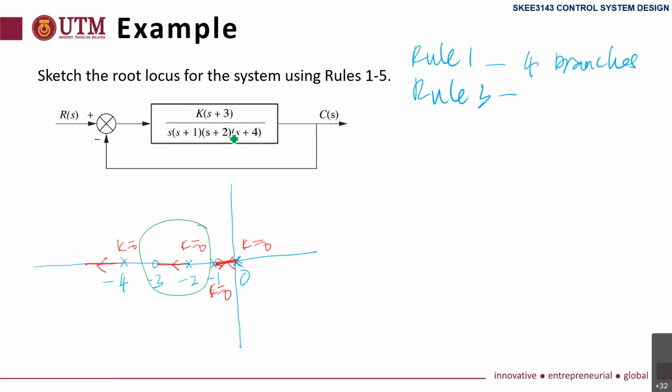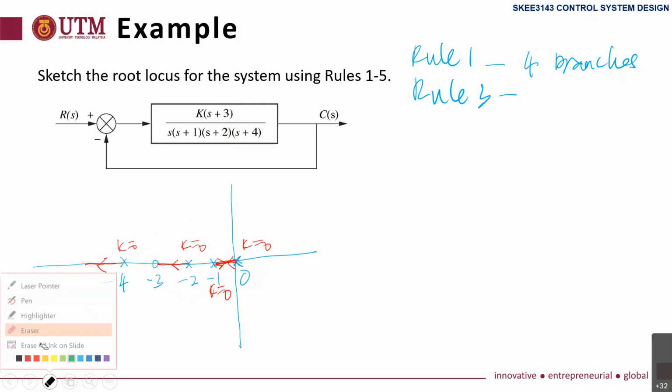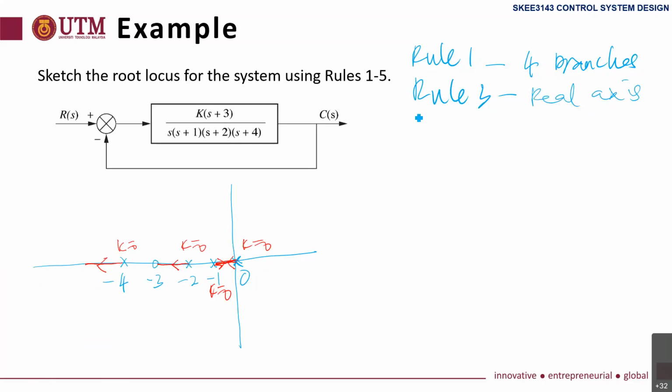If not, then the others are at infinity. We call them infinite zeros. Rule number 3 is about the real axis. Rule 4 is about starting and ending.